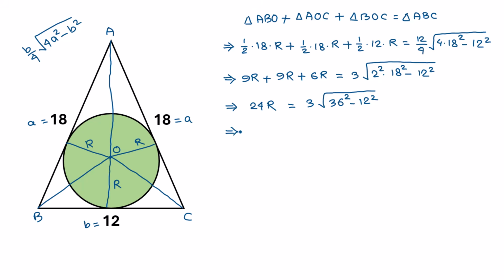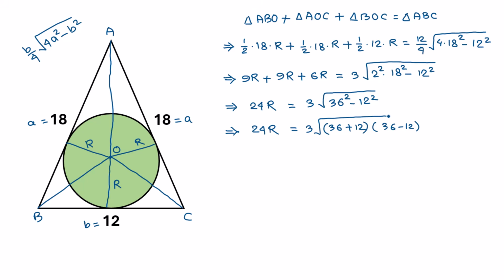Or 24r is equal to 3 times, applying the formula a square minus b square is equal to a plus b times a minus b, the square root of 36 plus 12 times 36 minus 12.